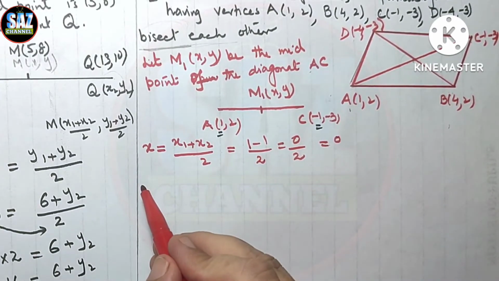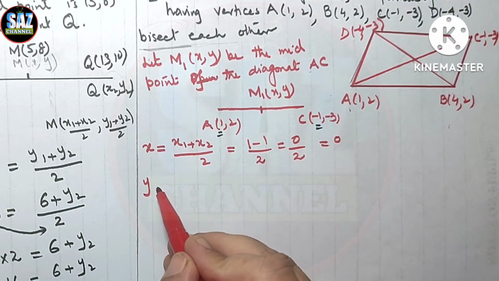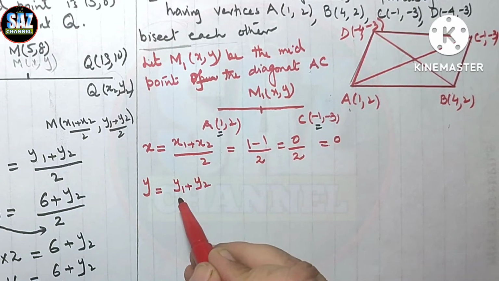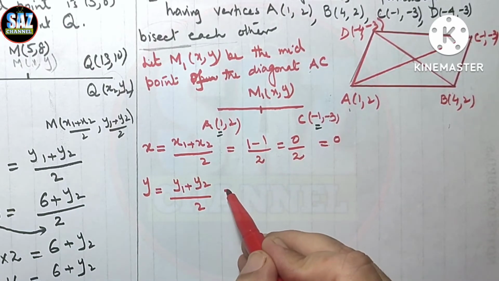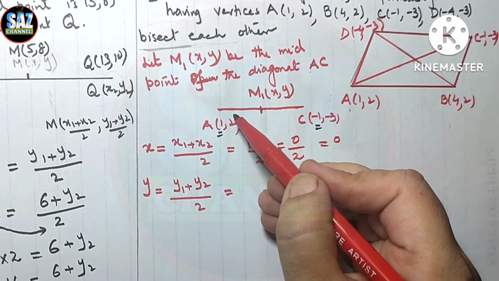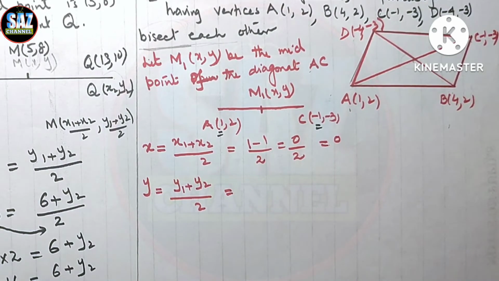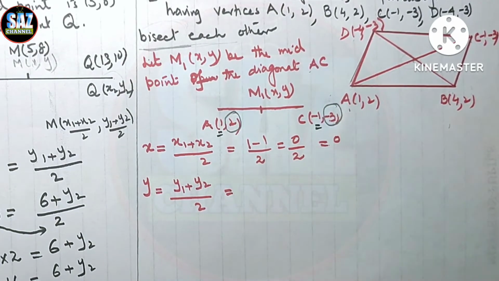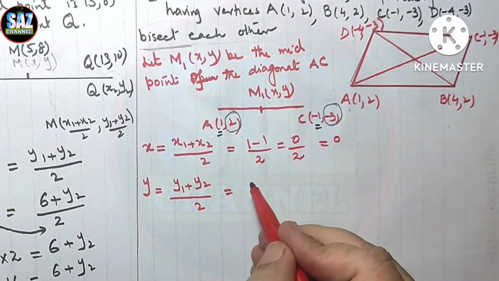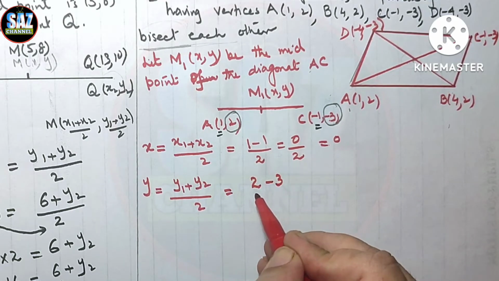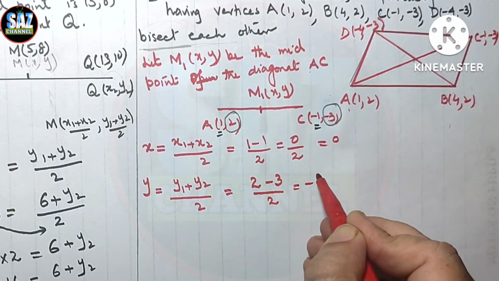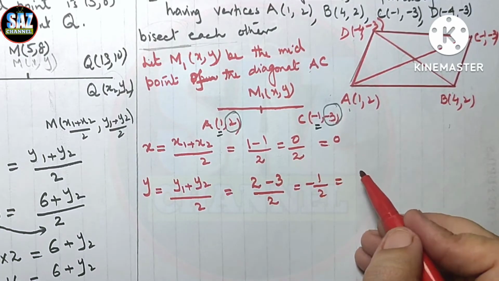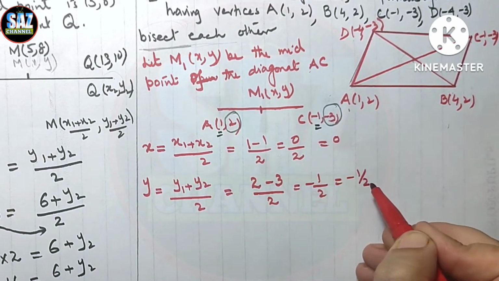And y will be equal to (y1 plus y2) over 2. y1 is 2 here and y2 is minus 3. 2 minus 3 by 2 is equal to minus 1 by 2, which is minus 0.5, or let it be minus 1 by 2, it is your choice.